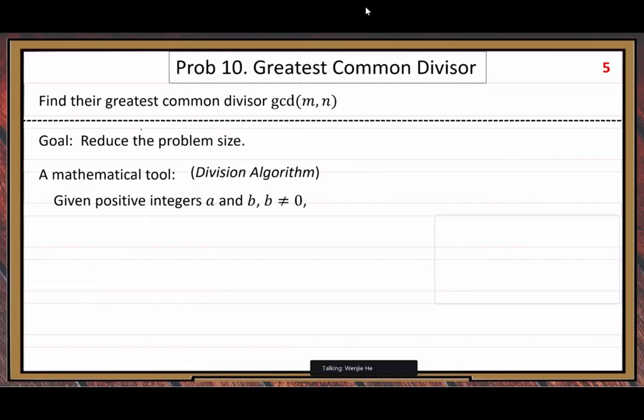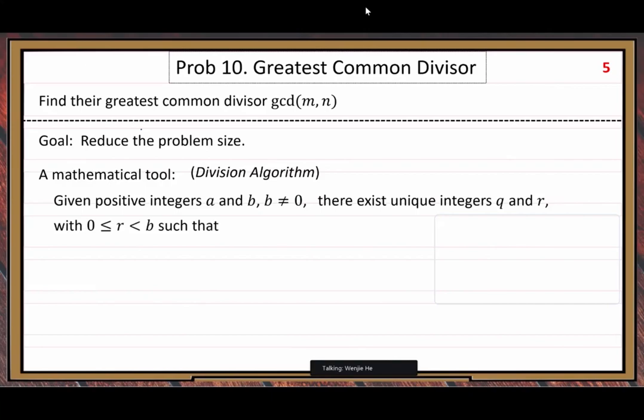Given positive integers a and b, b not equal to 0, because we need to use b as the divisor. Divisor cannot be 0. Then we have this conclusion. There exist unique integers q and r, q for quotient, r for remainder.